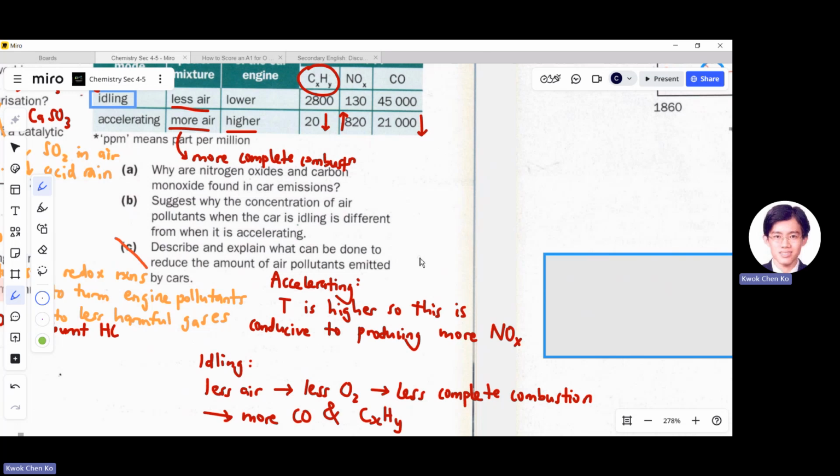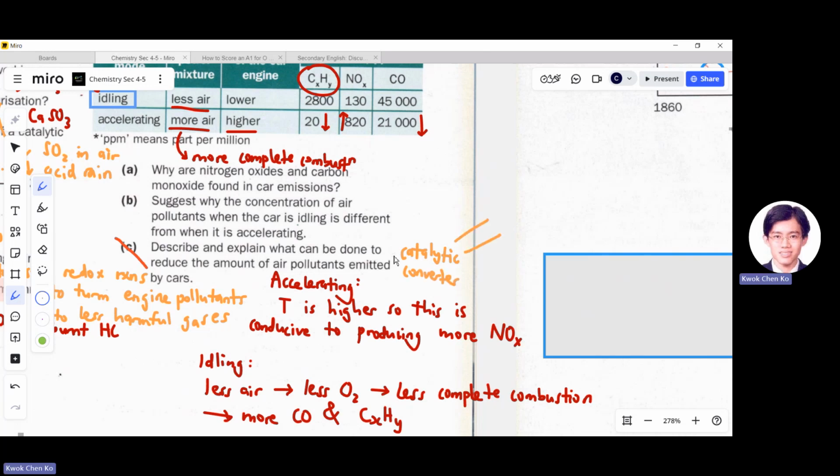Okay, part C, Ethan? Okay, I think this one is quite straightforward. All of you should be able to do it. Catalytic converter.